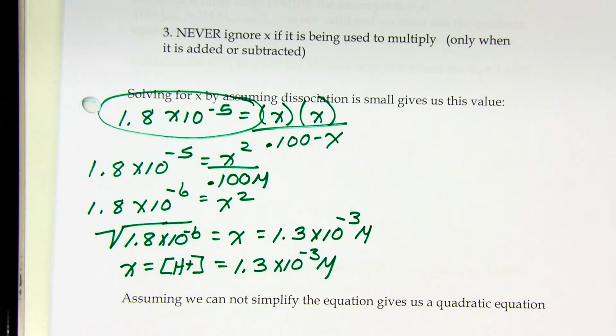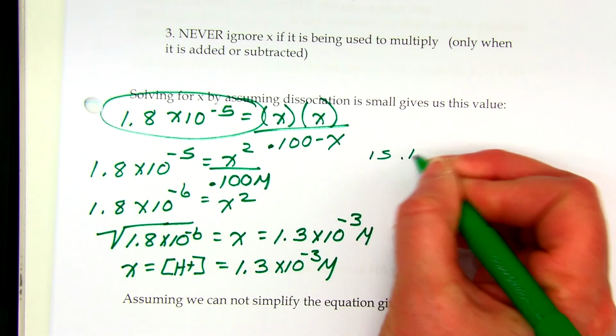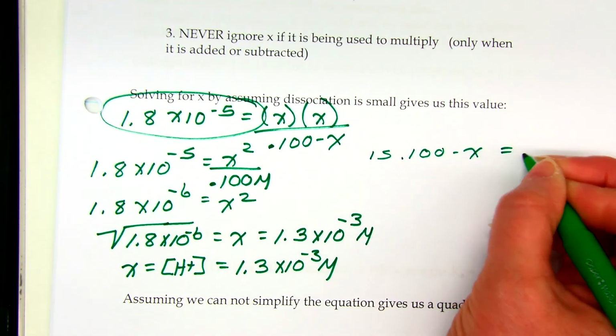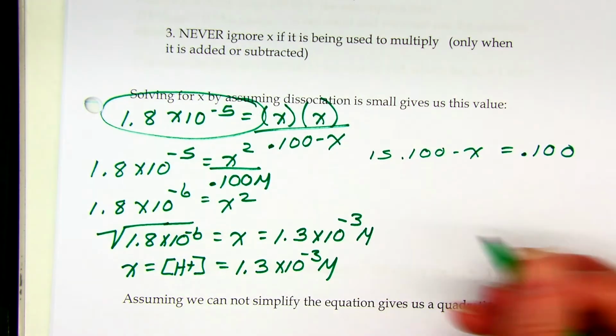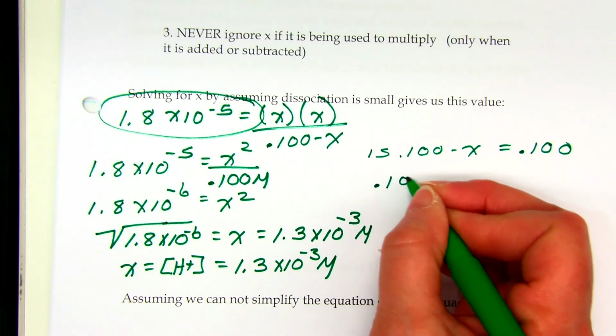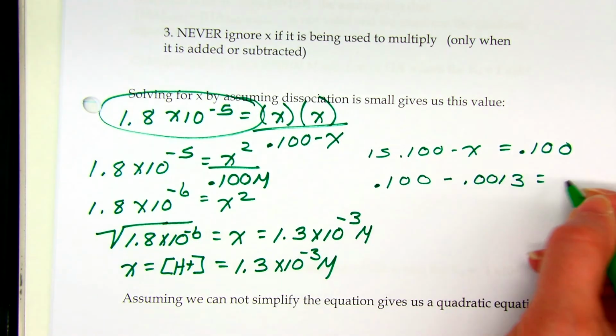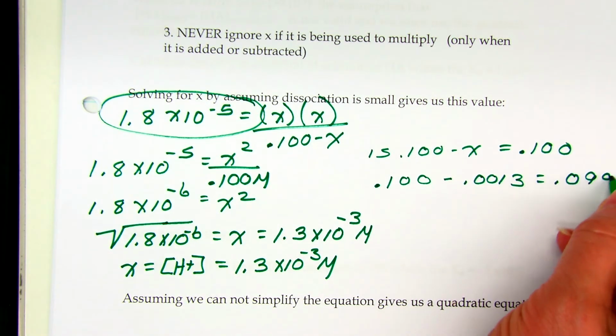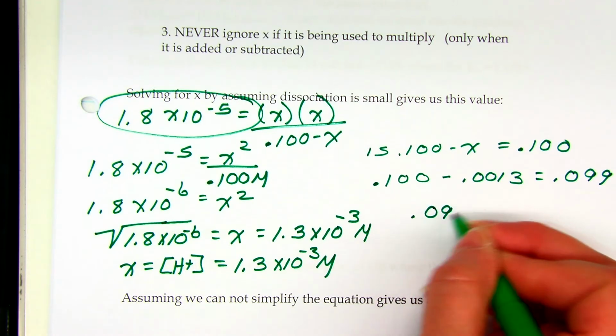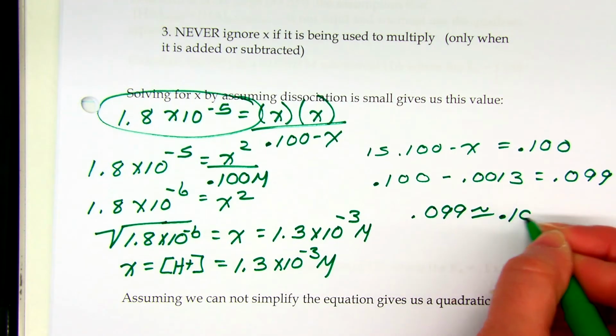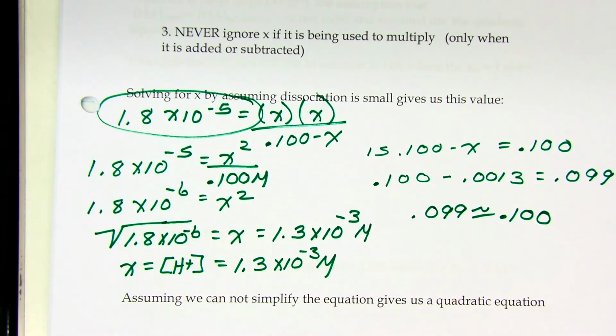So now you always have to check and say, is 0.1 minus X equal to 0.1? And if we check in this case 0.100 minus 0.0013, we actually get 0.099. And 0.099, is that about equal to 0.1? It's good enough for me in this case.